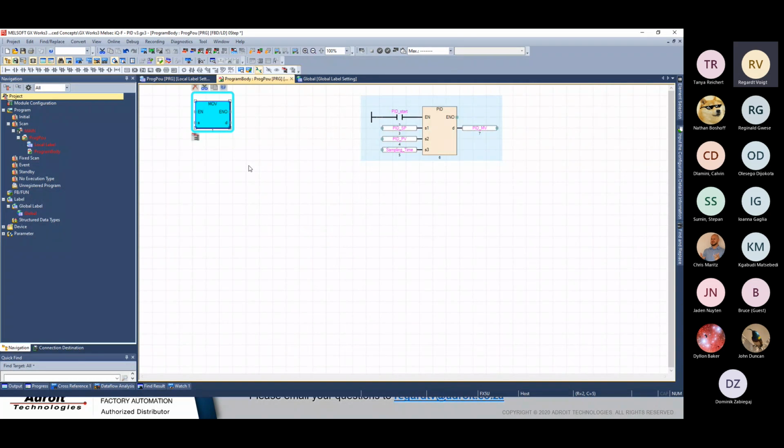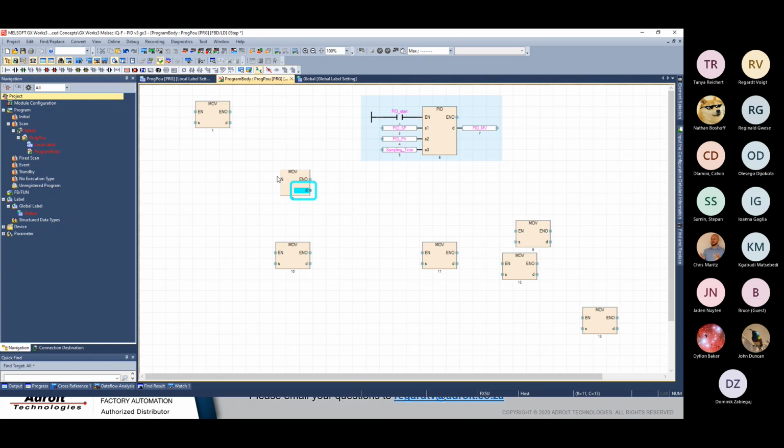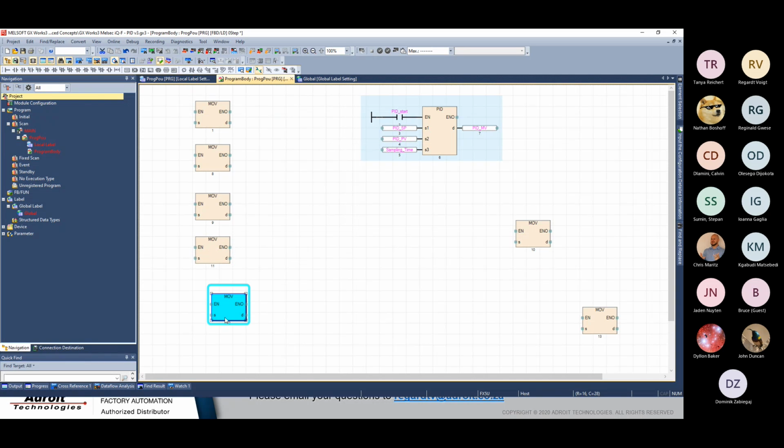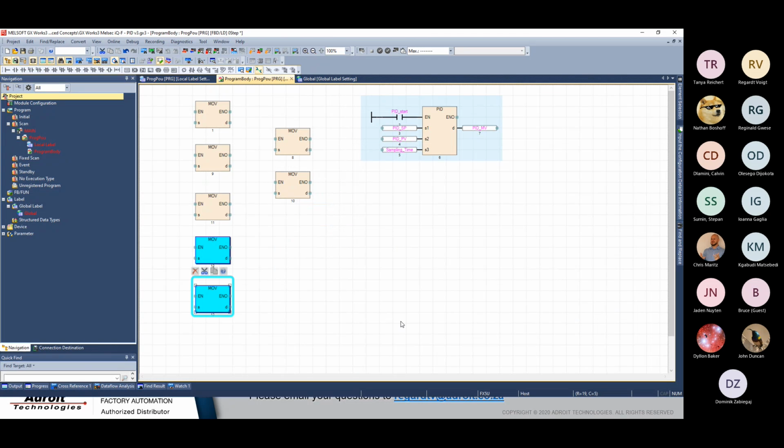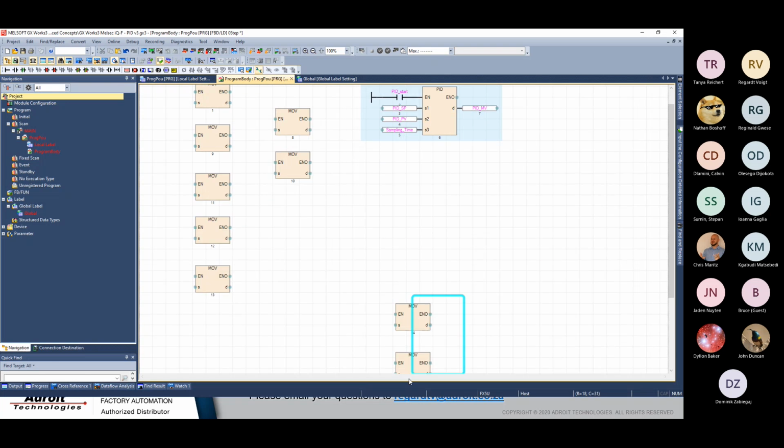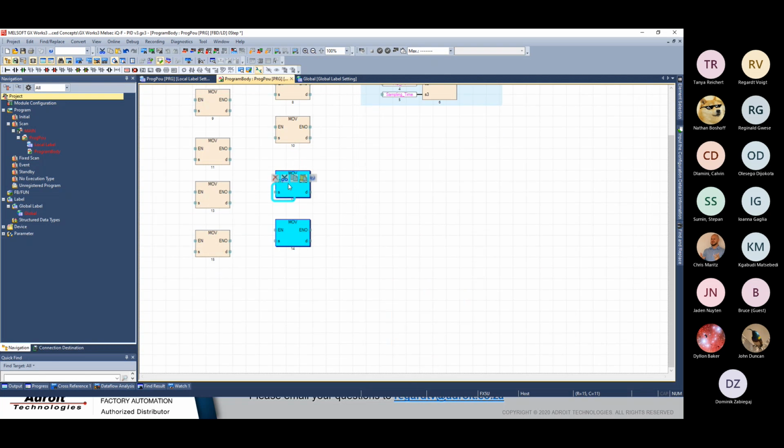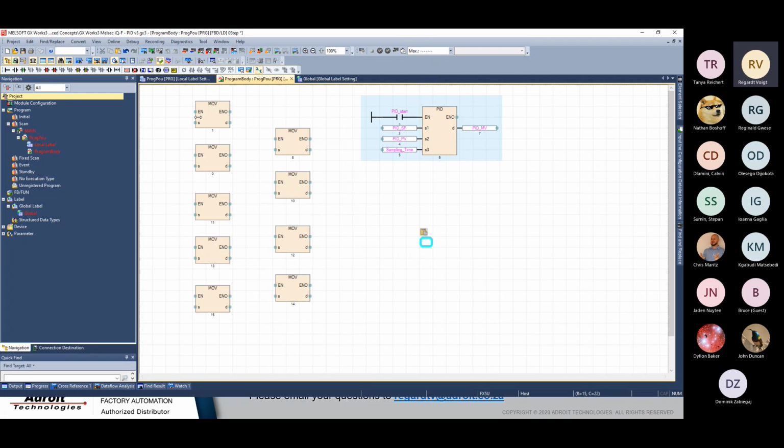We've got about 9 inputs that need to go in here, so we're going to need about 9 move blocks. And you'll see that each one of these move blocks has an enabled input.